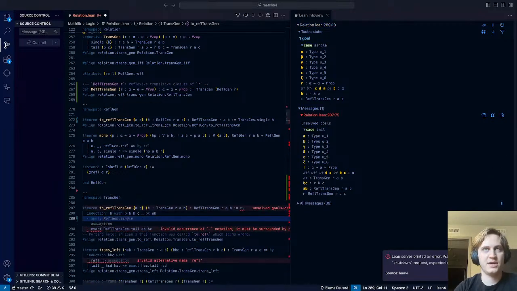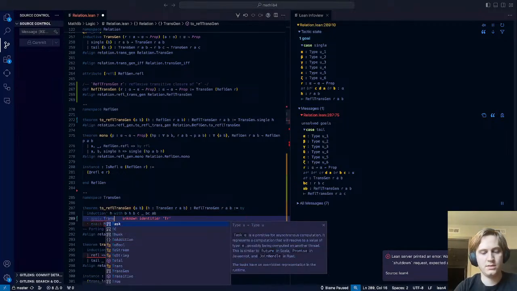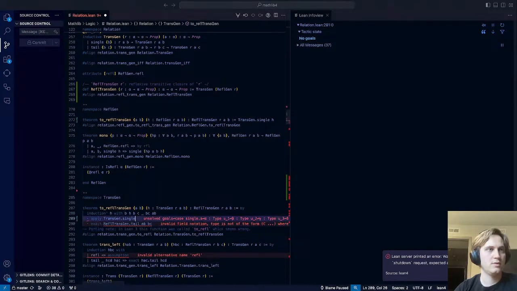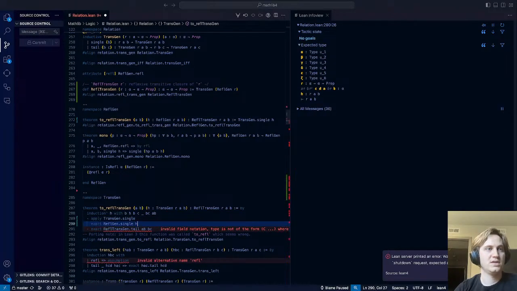The first thing I have to apply is the transgen dot single. Exact.